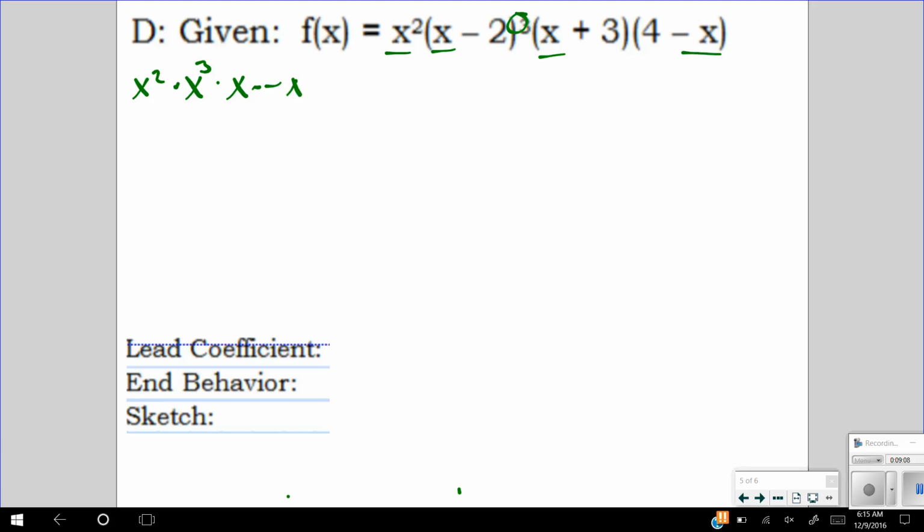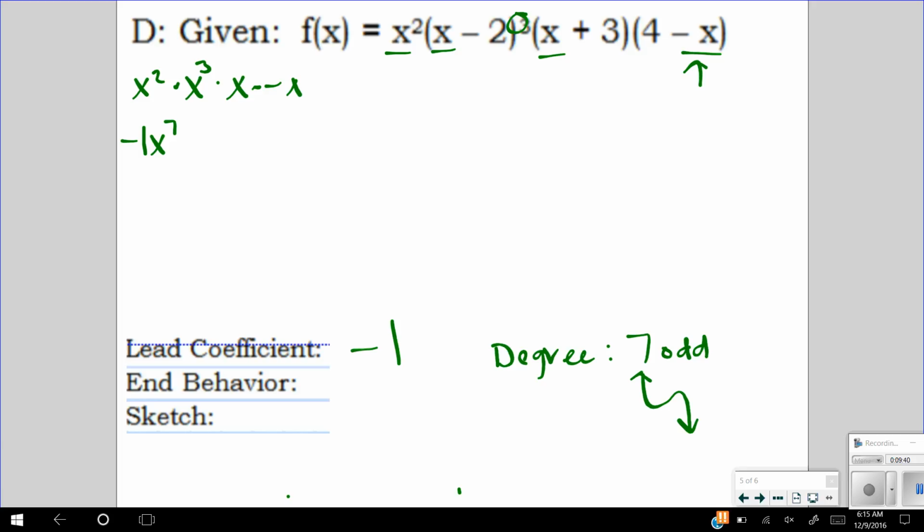So I get -1x to the 7th. Here the negative in front of the x is what actually makes our leading coefficient -1. And our degree, even though it's not listed here, is odd. It's 7. So that tells me my graph is going to look something like this. Ends are going to go different ways and it's going to have a negative trend.